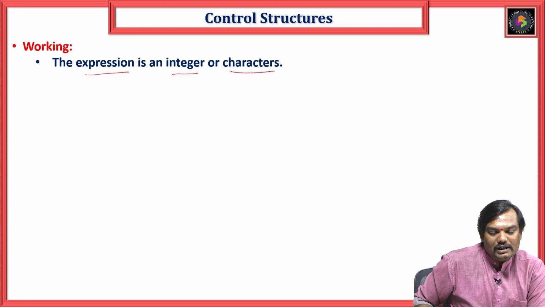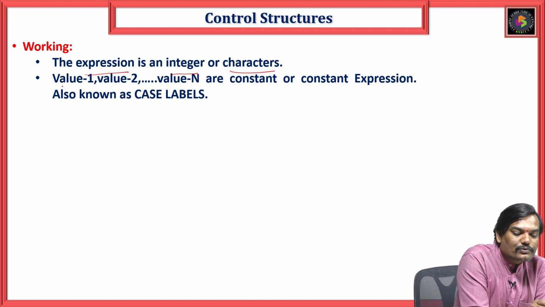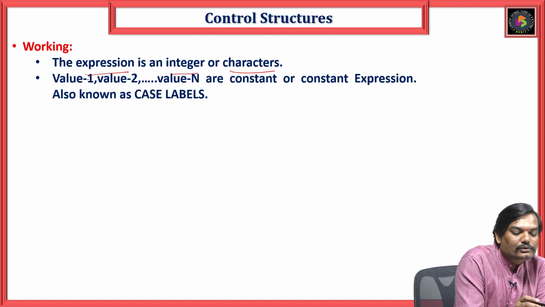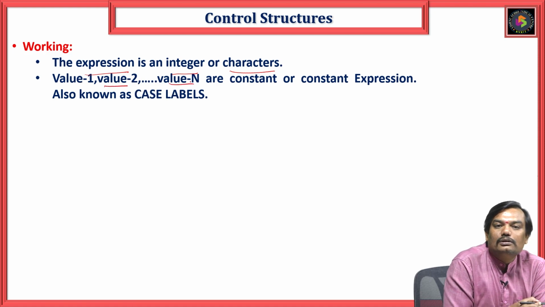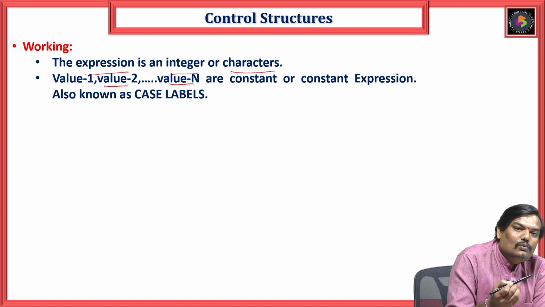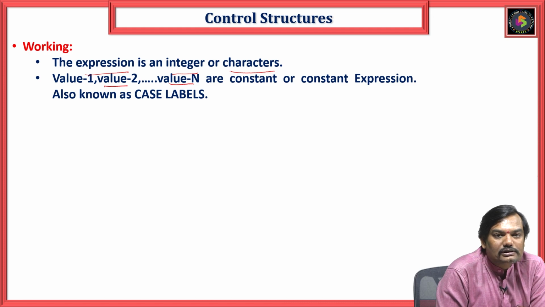The switch will compare that integer or character with the values associated with the cases. Here you can see value 1, value 2, value n. We may use n number of cases in a switch block, and each case will have a value. Whichever case value matches the expression value, that case block's statements get executed.